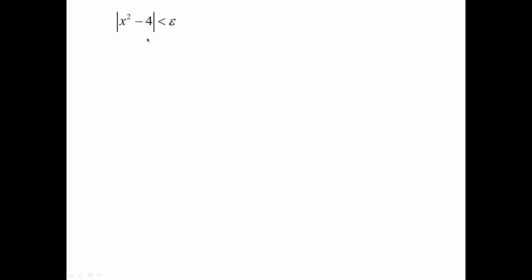And we're going to get rid of the absolute value. And we do that by breaking this into a double inequality. And now our goal is to isolate x. So we'll add 4 to all sides. And now we just need to get rid of the squared part.